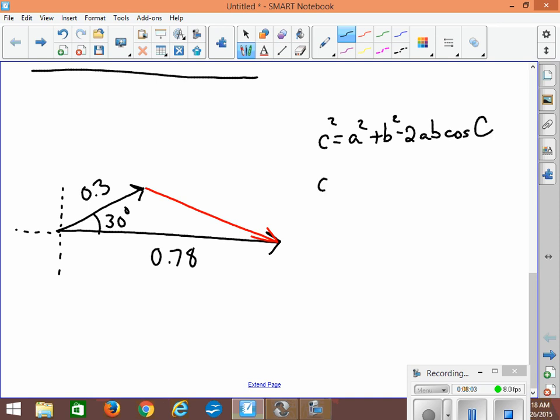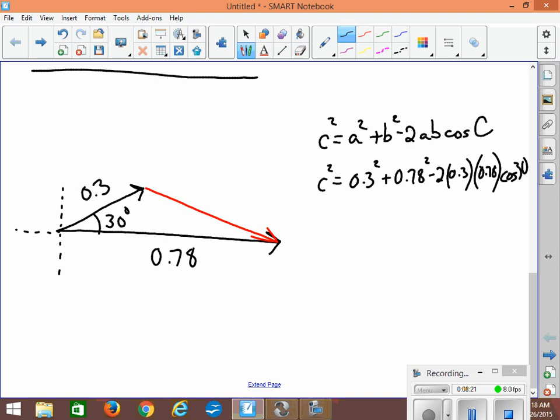And so c squared is 0.3 squared plus 0.78 squared minus 2 times 0.3 times 0.78 times the cosine of the angle 30 degrees. I'm squeezing it in there.